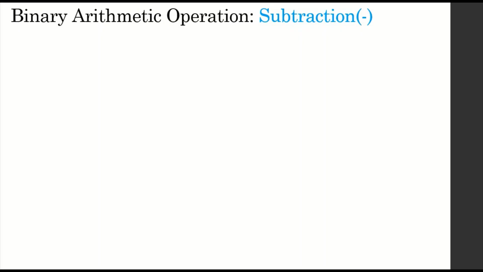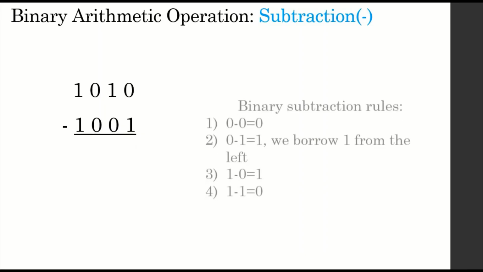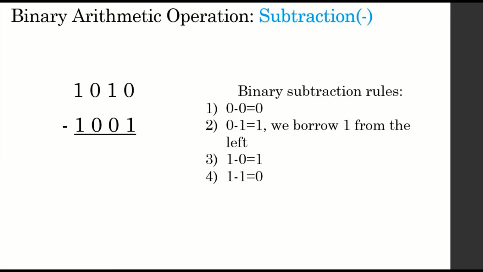The second operation is called subtraction. So we are going to subtract 1010 from 1001. The rules of subtraction are displayed there. 0 minus 0 is 0, 0 minus 1 is 1, then we borrow 1 from the left. And 1 minus 0 is 1, 1 minus 1 is 0. So 0 minus 1, as the rule says, we write 1, then we borrow 1 from the left.